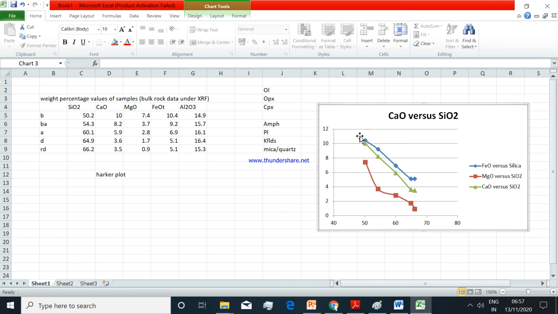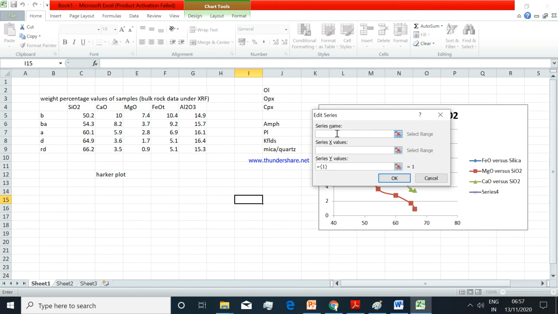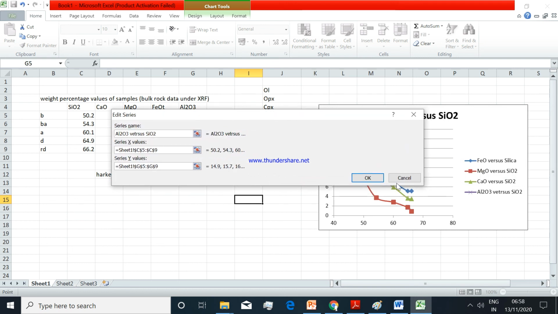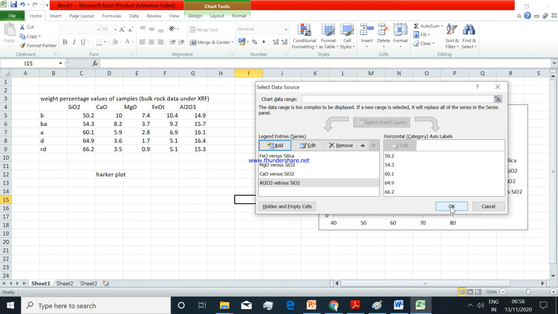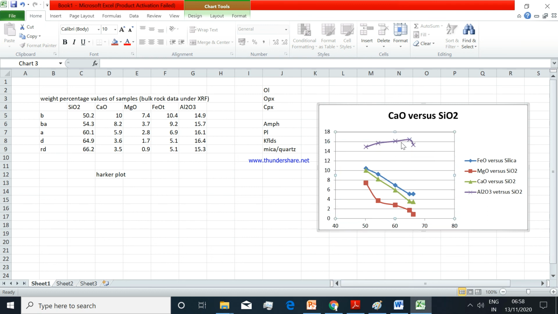Another interesting thing I would like to tell: if I select some of the aluminum oxide data, with series X value SiO2 and the series Y value aluminum oxide, then there is an increment of aluminum oxide in the rock during the analytical process. Now, why is that?